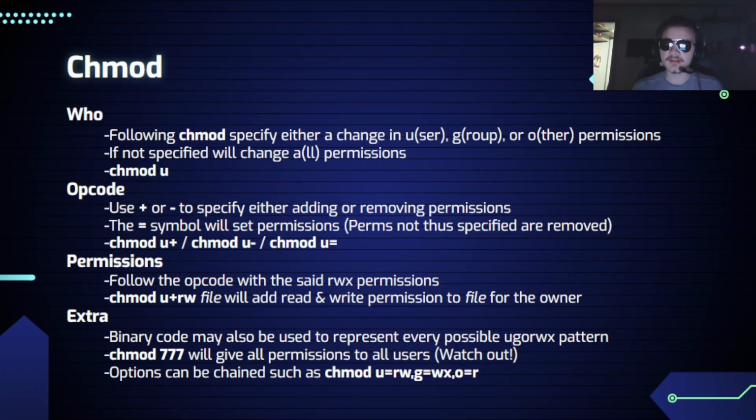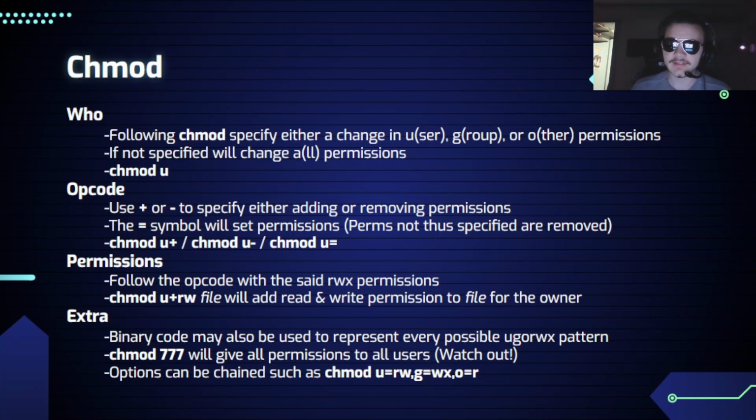Now, the star command of this lesson, chmod. The command chmod can be broken down into multiple parts. First, after you input the command, we have who, which is where you specify either a change in user, u, group, g, or other, o permissions. If you don't specify any of them, then you will automatically change all, or a, permissions.